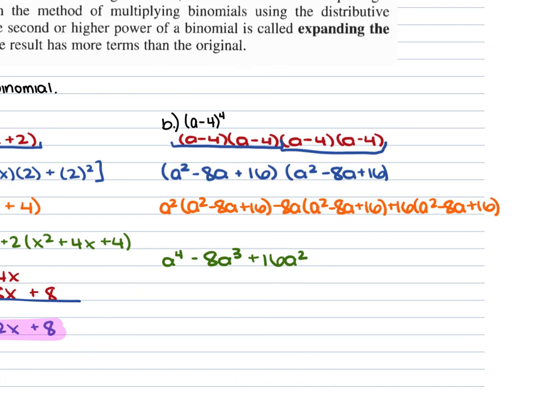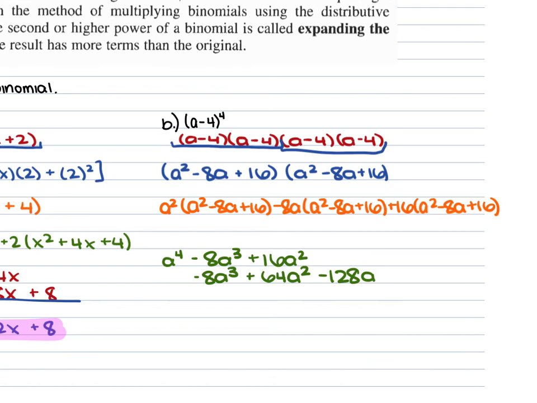From here, we'll move into distributing that negative 8a into that a squared minus 8a plus 16. So negative 8a times a squared is a negative 8a cubed. Negative 8a times negative 8a is a positive 64a squared. And negative 8a times 16 gives us a negative 128a.